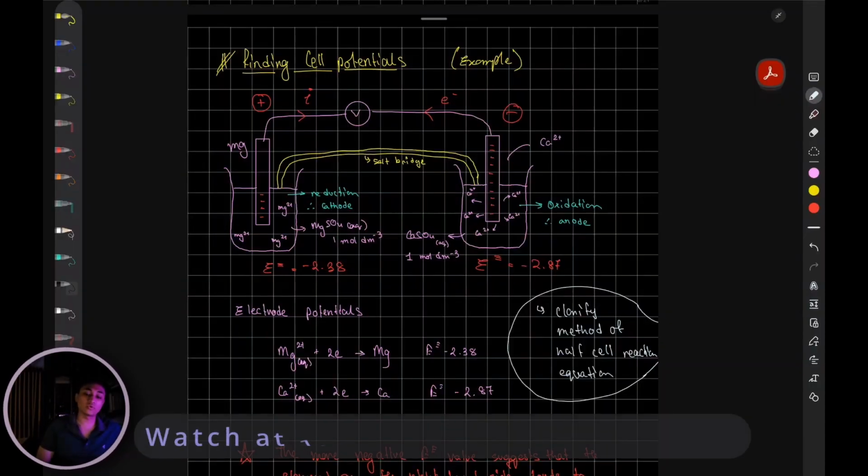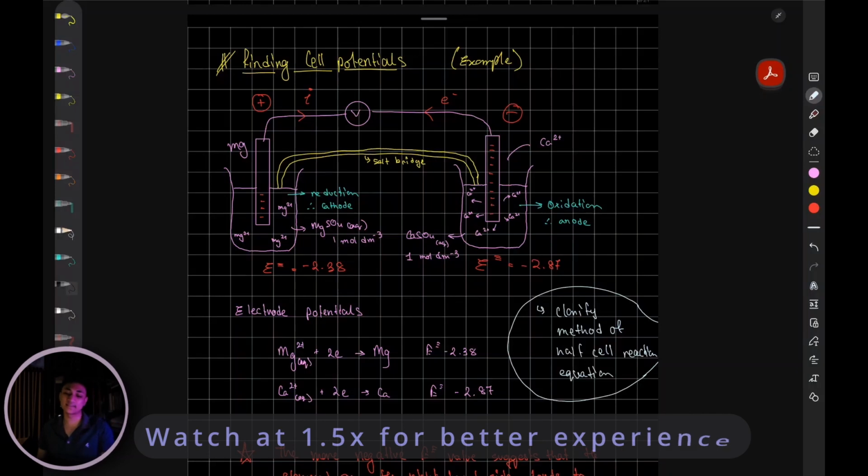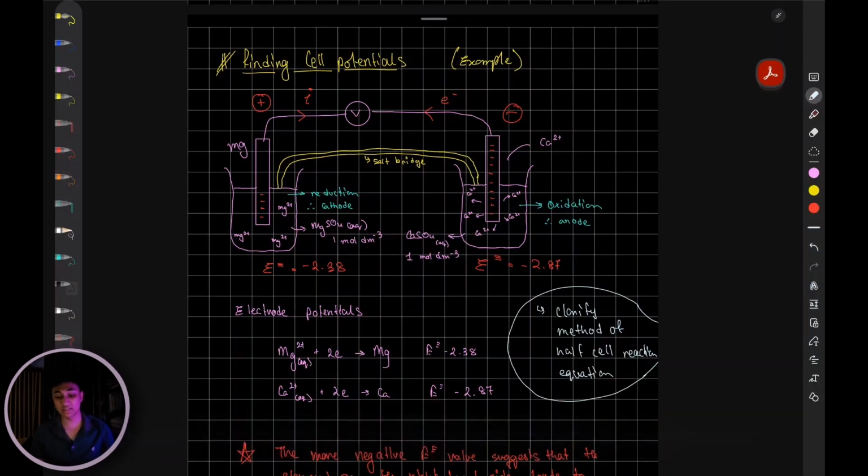In this video, we're going to talk about how to find cell potentials of different electrochemical cells. That is, your electrodes can be made up of anything. So, for example, over here, we've created an electrochemical cell using an electrode of magnesium. That is, we have a magnesium ion half cell.